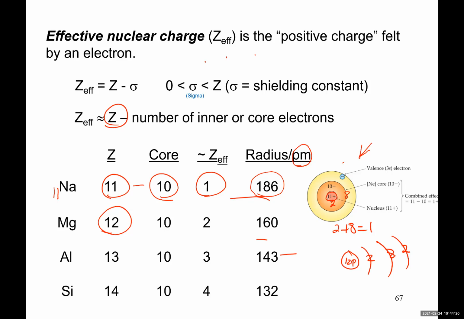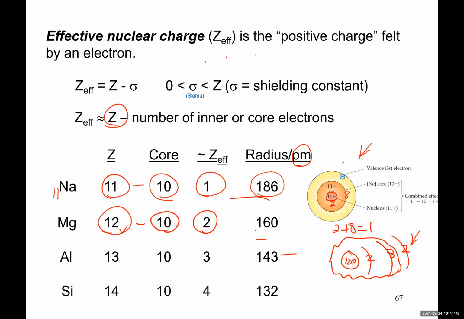So what is the charge of the nucleus? 12. How many inner electrons are shielding these 2 electrons? 8 plus 2, 10. So what is the effective nuclear charge for electrons on the third shell? 12 minus 10 is 2.